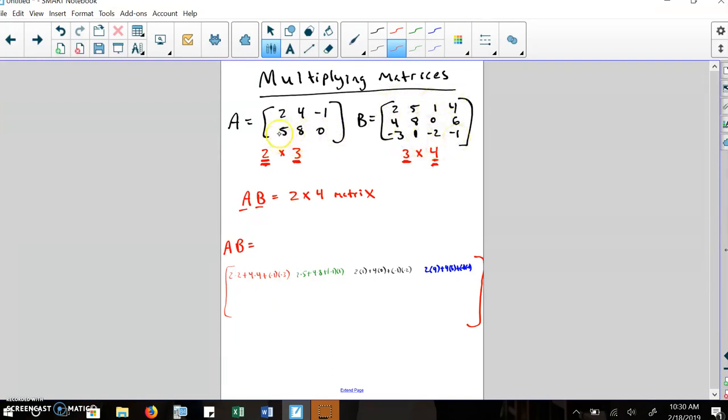So when we're done here, as we go across the first one, it's going to be 5 times 2 plus 8 times 4 plus 0 times negative 3. And what you'll see here, just a couple little patterns.